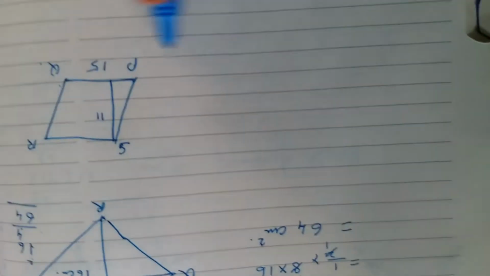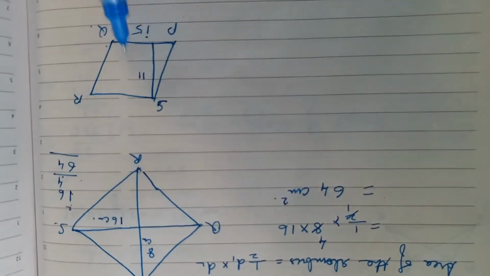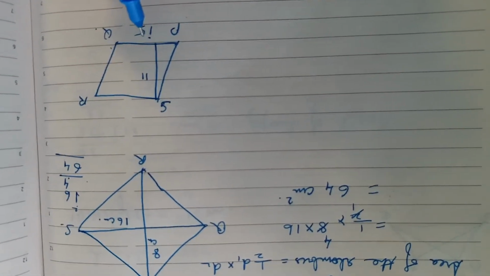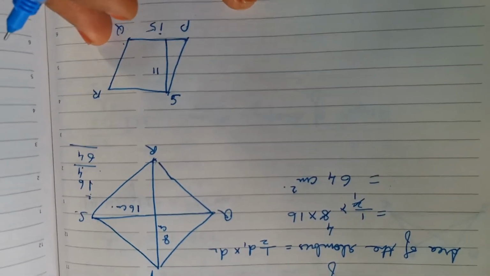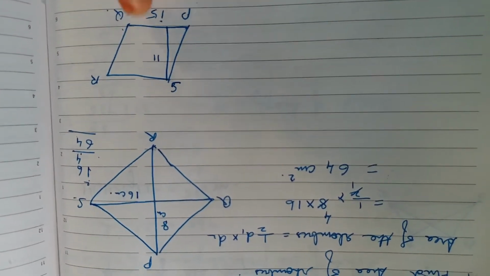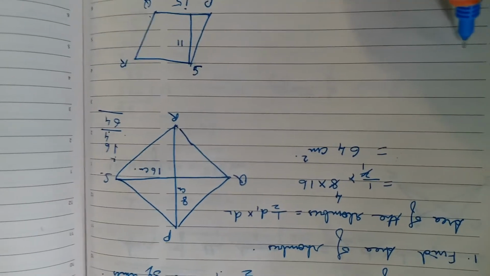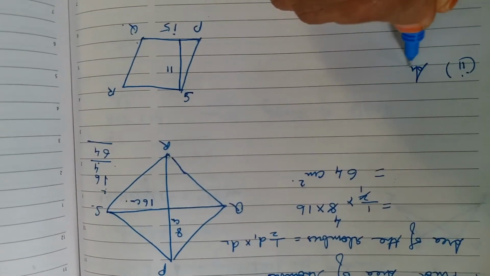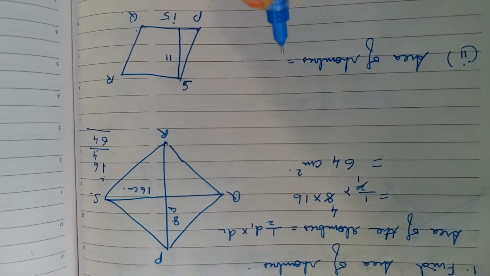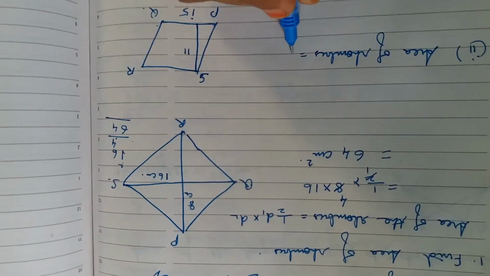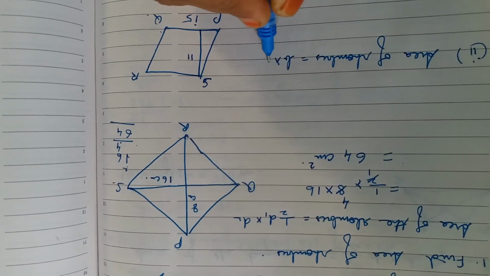Coming to the next sum. Here they have given base and height. So when base and height are given, you have to use the formula of a parallelogram. Even though it is a rhombus, here as height and base are given, use that formula. So this is your second subdivision. Area is equal to base into height.